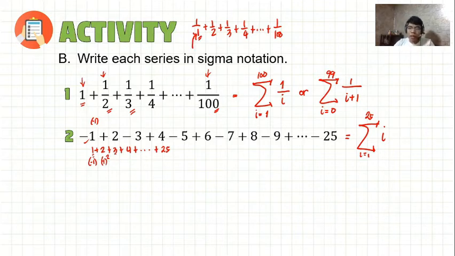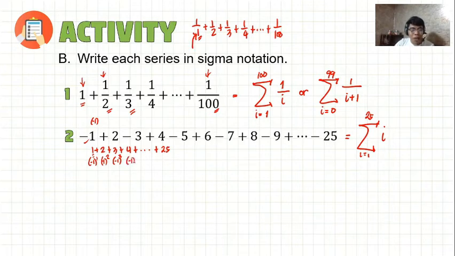Now, 3. To get negative 3, I must multiply it by negative 1. Negative 1 raised to 1 is negative 1. Also, negative 1 raised to 3 is also negative 1. So the multiplier is still negative 1. Now, 4. For 4 to be the result, I must multiply it by positive 1.